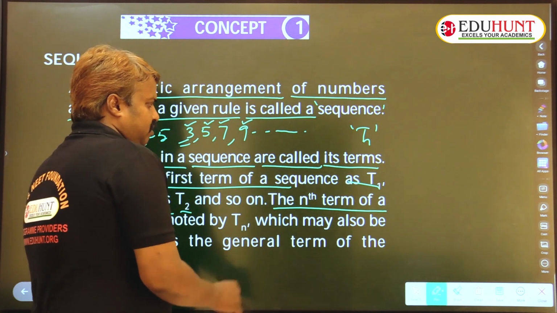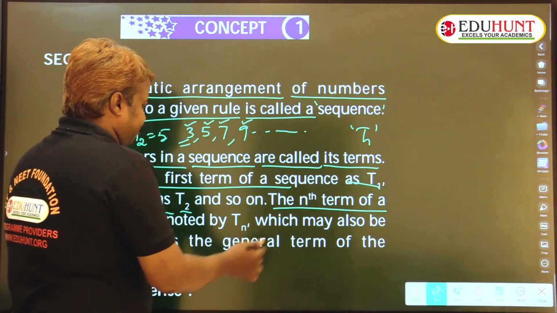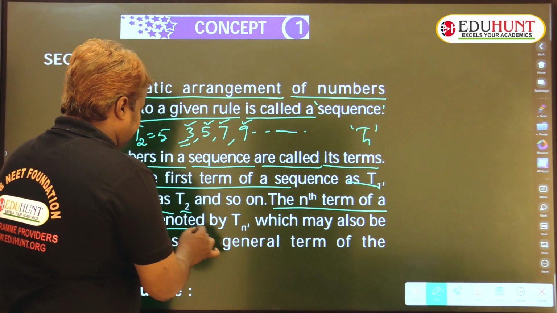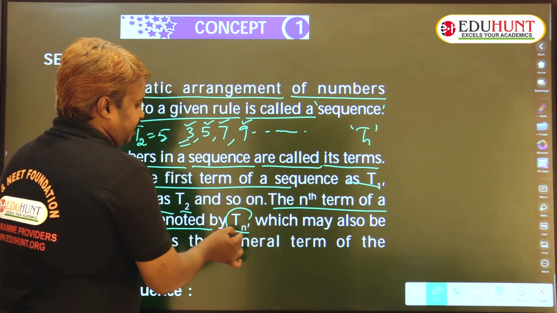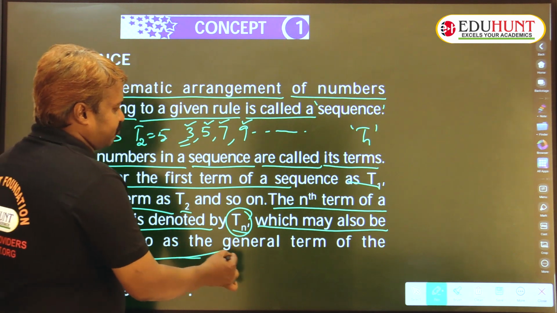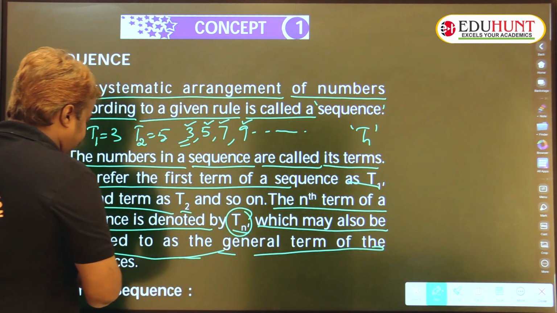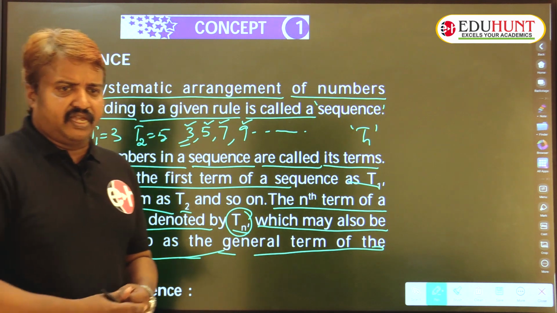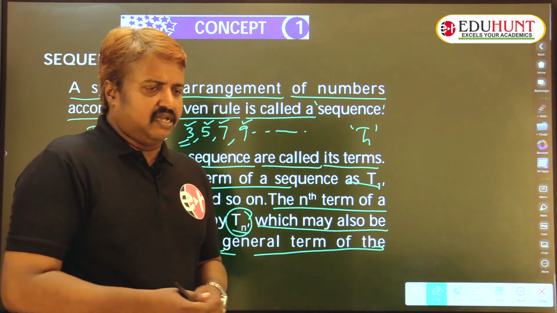Now we can discuss Tn. The nth term of a sequence is denoted by Tn, which may also be referred to as the general term of the sequence.